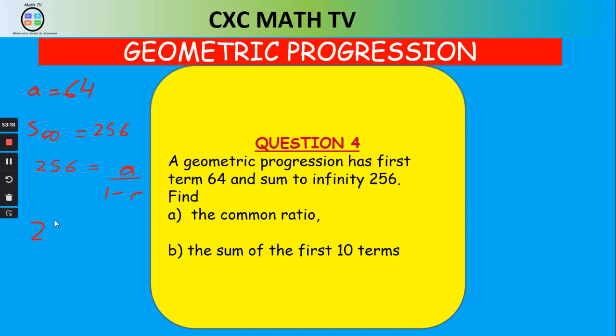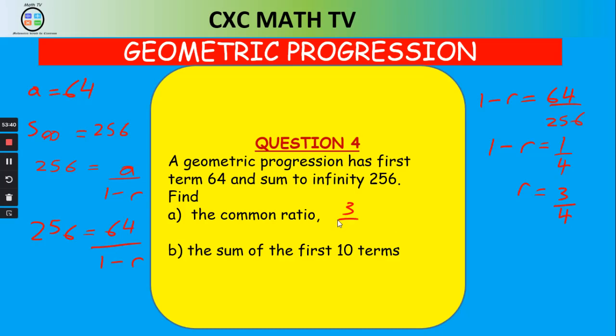So 256 now is 64 over 1 minus r. So in this case, if we flip it, 1 minus r is 64 over 256, which is a quarter, and so r must be 3/4.